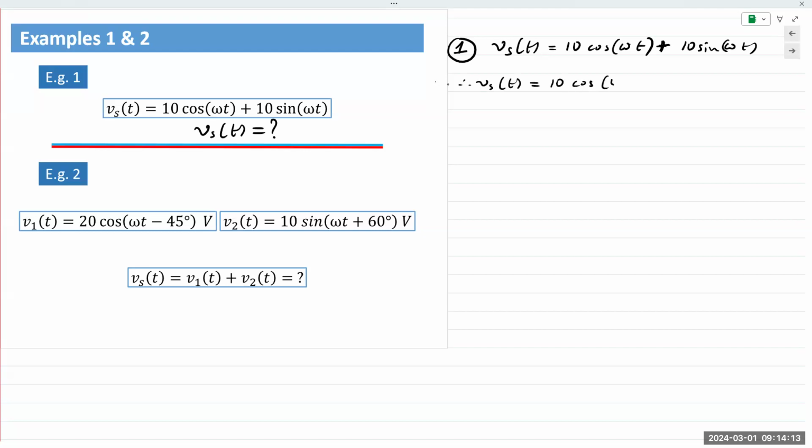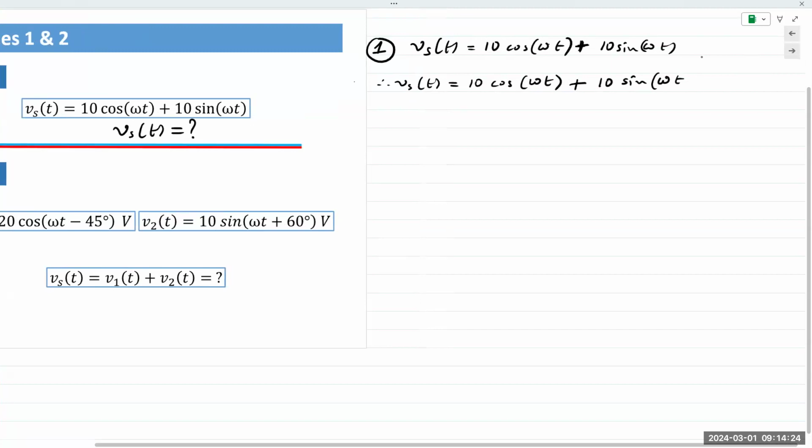The first term remains the same, 10 cos omega t. For this one, we subtract 90 degrees from the phase. Originally, the phase is 0, so this simply becomes minus 90 degrees. So that's the first step.